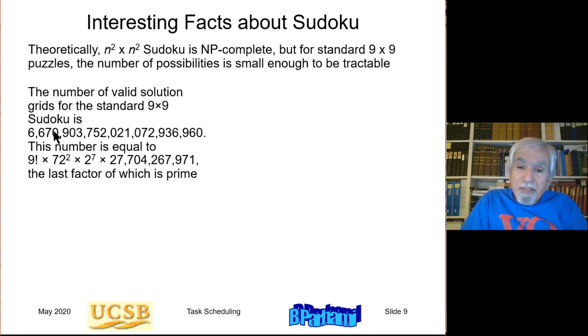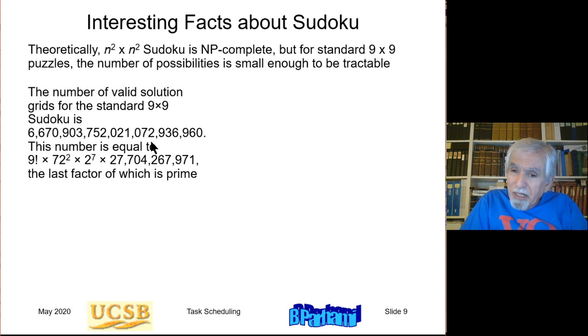That's a huge number. That's the number of possible solution grids. So there's basically an endless supply of Sudoku puzzles. It's very unlikely that you will ever see the same puzzle in the course of doing daily puzzles.